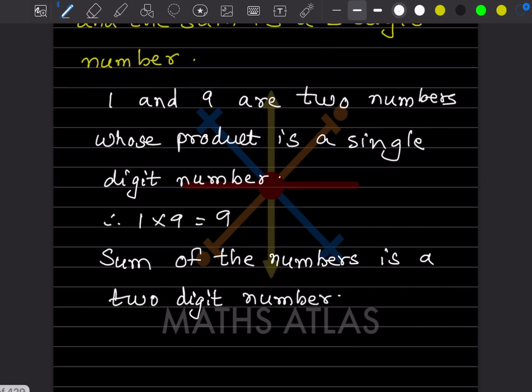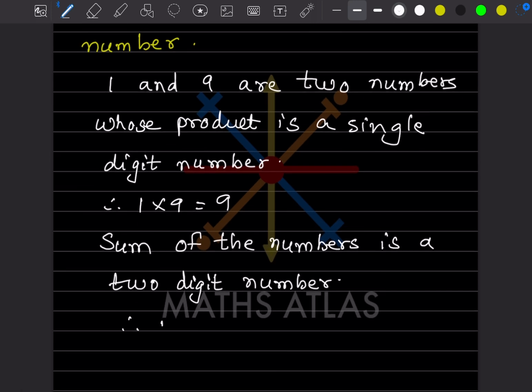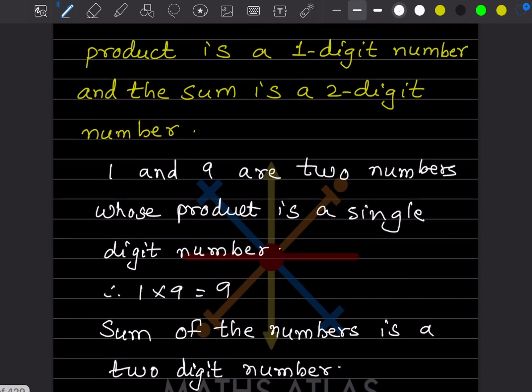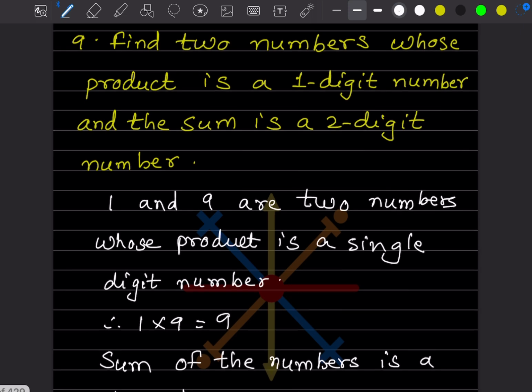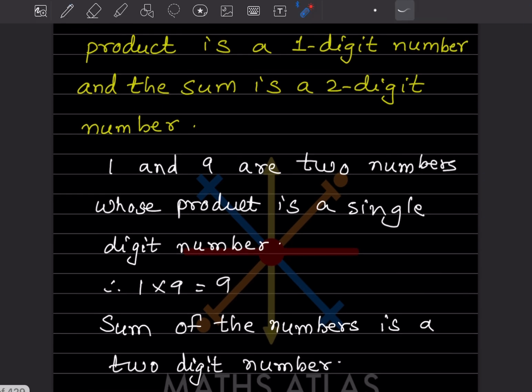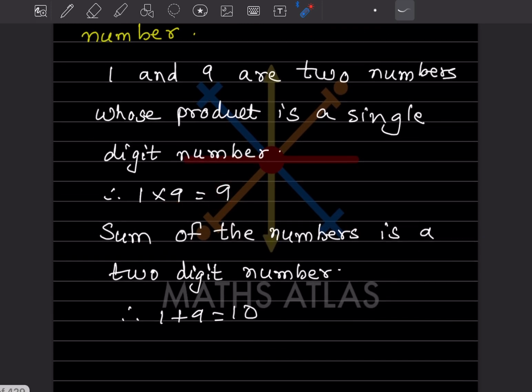So therefore 1 plus 9, that is 10. So that is what they have asked, whose product is a one digit number. So this product of 1 and 9 is a one digit number, and when you take the sum it is a two digit number.